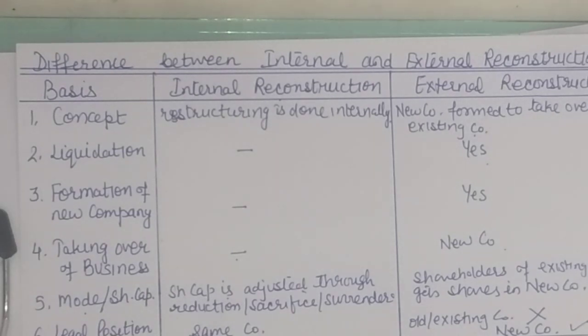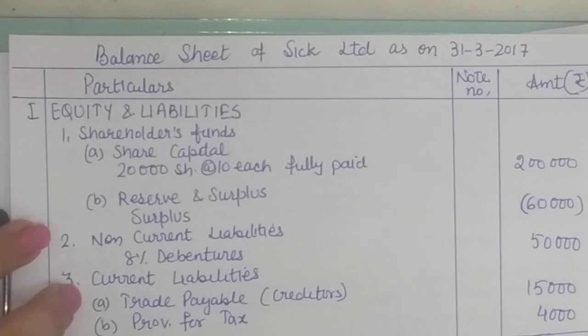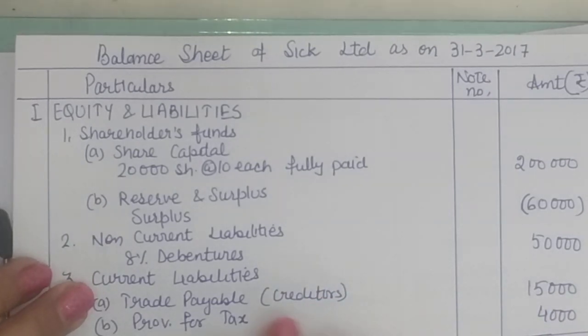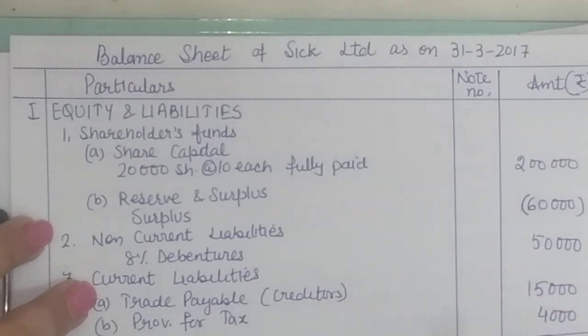So, by now you are clear that in internal reconstruction, which is our main topic, we will be working for the restructuring of the company internally. We will be having a balance sheet of a company like this, which is filled with the losses and overvalued assets and understated liabilities. And now the company will be adjusting its assets and liabilities.